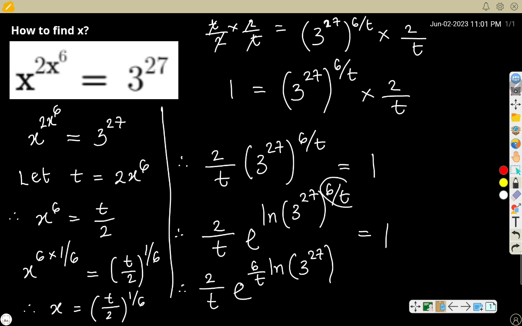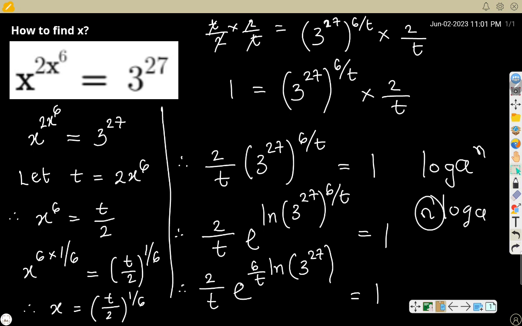That is, this 6 over t can go to the back of the ln. Everything is equal to 1. We see it step by step, because if you have log a raised to power n, that is n log a, so the n can go to the back. So that's the technique we use there.